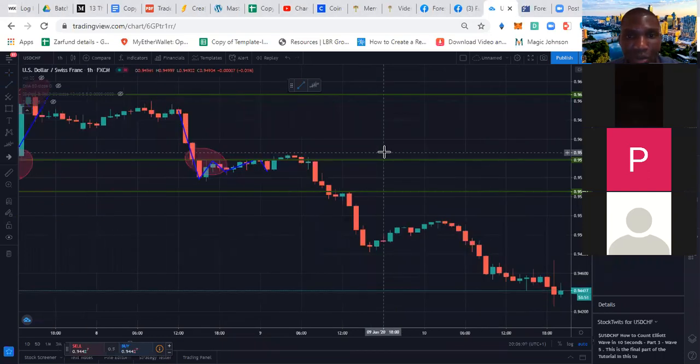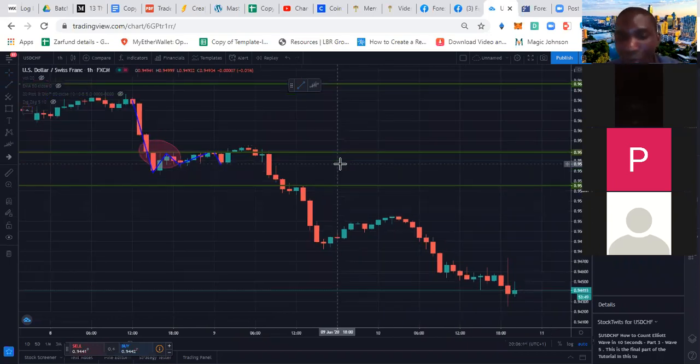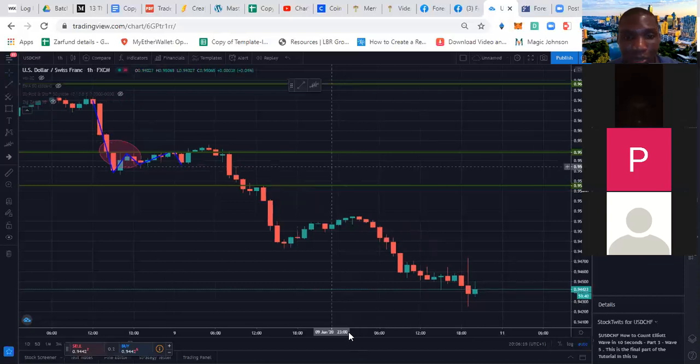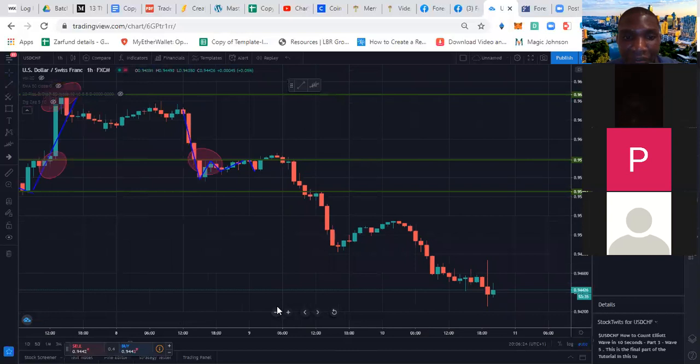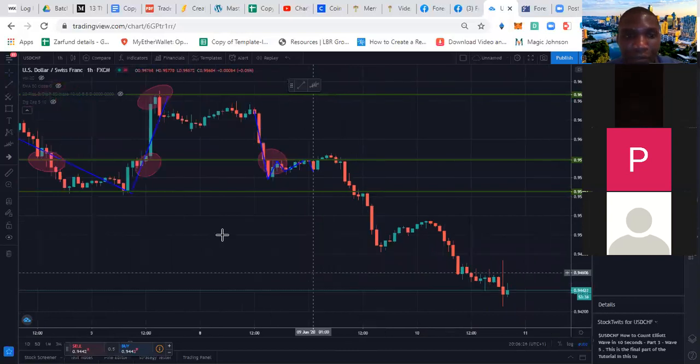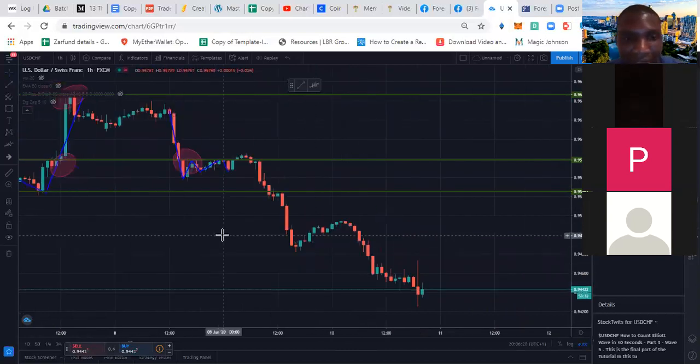Okay. Now, when you are drawing the structure, I know that you don't understand it properly, but I want to use it like I told you before I started. What we are going to be doing here is you are going to get trade signals from it. But the difference between this and a signal you've followed before is that someone will just send you a signal and tell you buy or sell, and you don't know what the person is looking at.